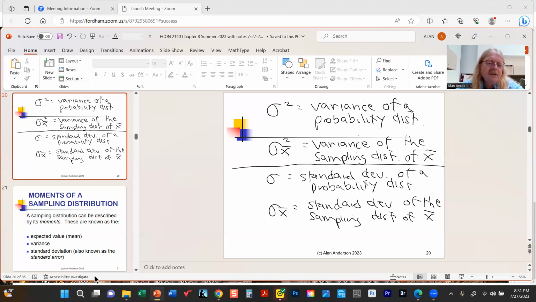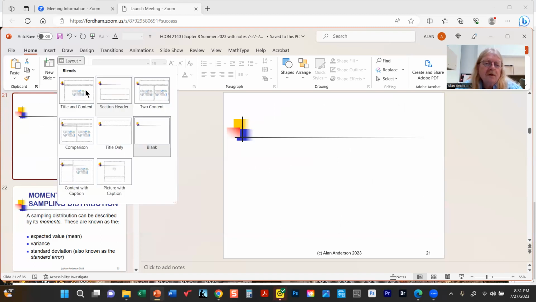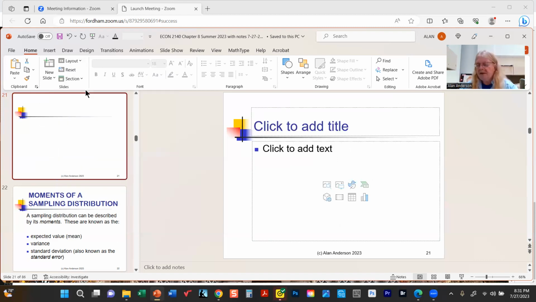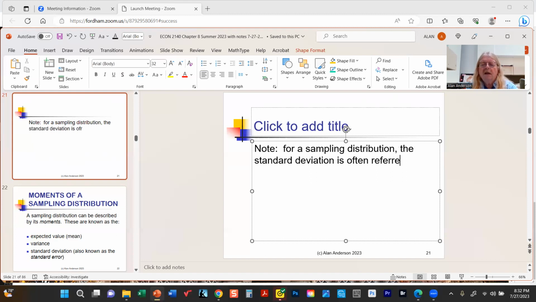Now, here's something you've got to watch out for, though. And this happens in statistics fairly regularly. We often have multiple names that mean the same thing. So let's add this little detail here. Note, for a sampling distribution, the standard deviation is often referred to as the standard error. Now, don't ask me why. That's just the way it is. The words standard error refer to the standard deviation of a sampling distribution.